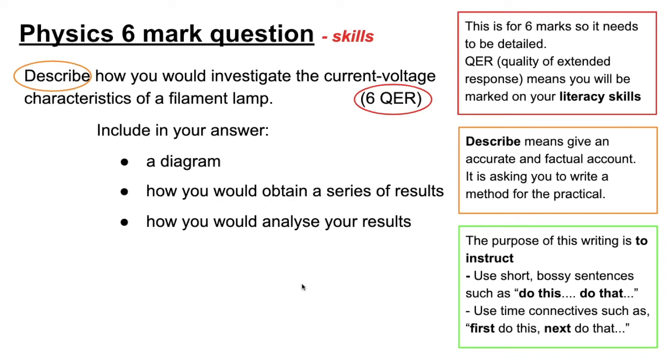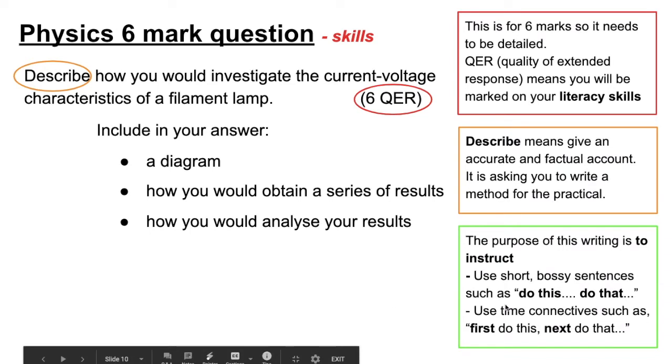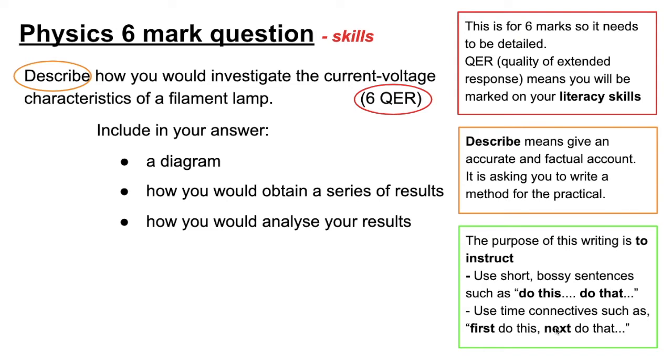And you use something called time connectives. Time connectives basically means you could start your sentence with first, do this, next, do that, finally do. Okay, so the purpose of this writing is to instruct someone on how to do this experiment.